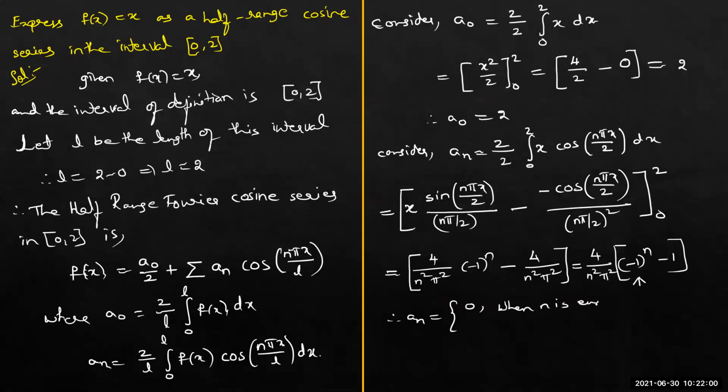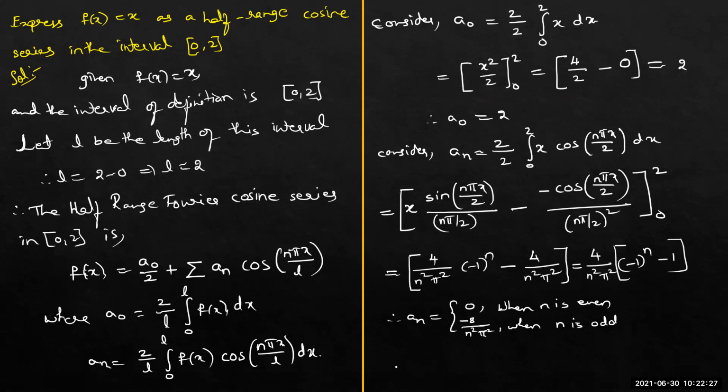That's very easy to understand. Then when n is odd, this minus 1 to the power of n becomes minus 1. So minus 1 minus 1 is minus 2, into 4, so it is minus 8 divided by n square pi square. So this is the value of a n when n is odd.